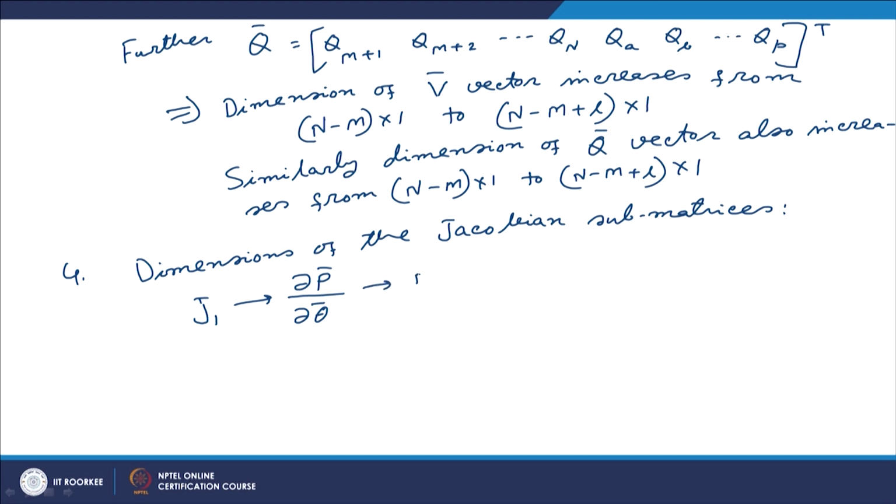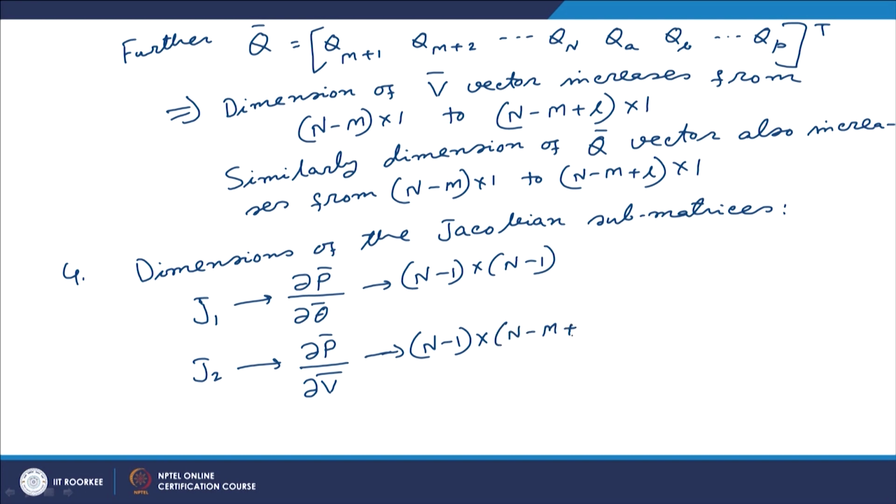It would still be n minus 1 cross n minus 1, because the dimension of vector P or vector theta has not changed. What happens to J2, that is del P by del V? It becomes n minus 1 cross n minus m plus L, because the dimension of this vector V has now changed from n minus m to n minus m plus L.